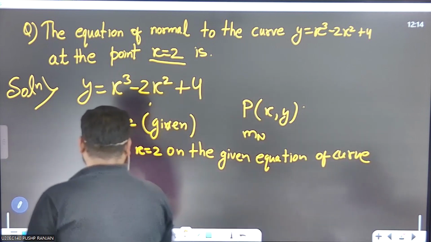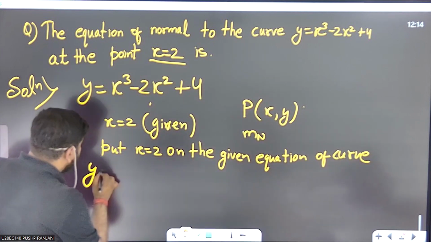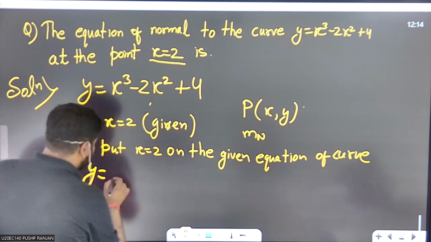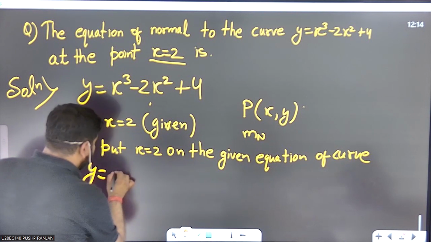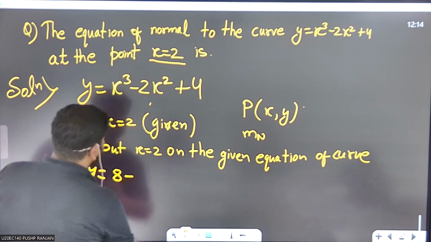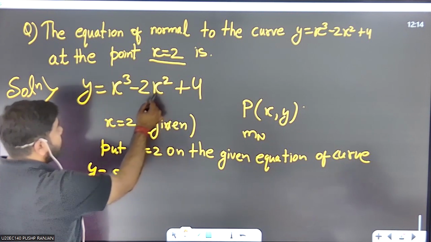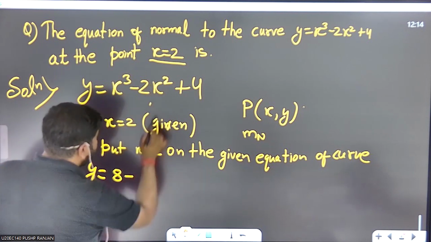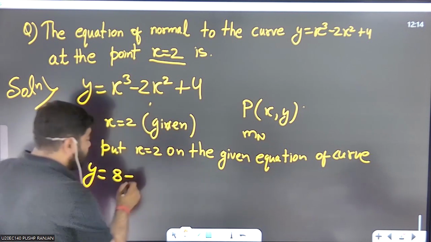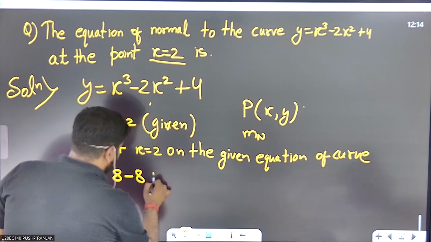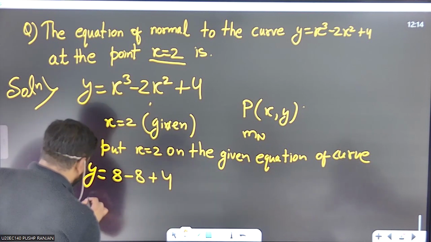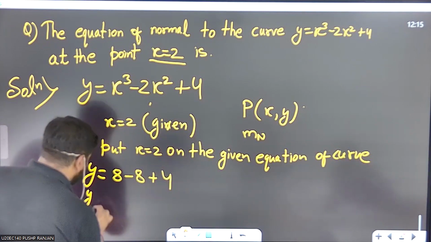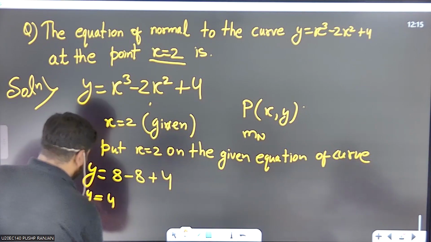Then what will we get? y equals, when we put x equals 2, 2 cube, which is 8, then minus 2x square, at x equals 2 it will become 4 into 2, that is 8, and then plus 4. What have we got? We got y equals 4.